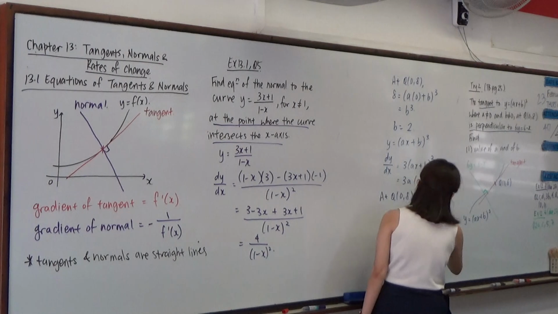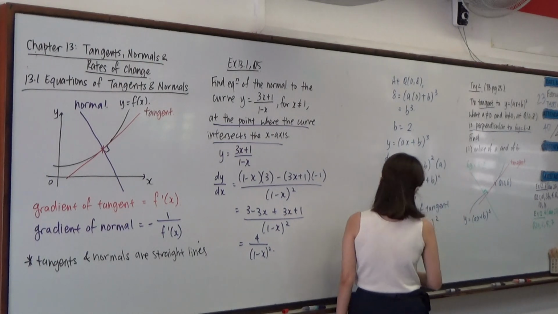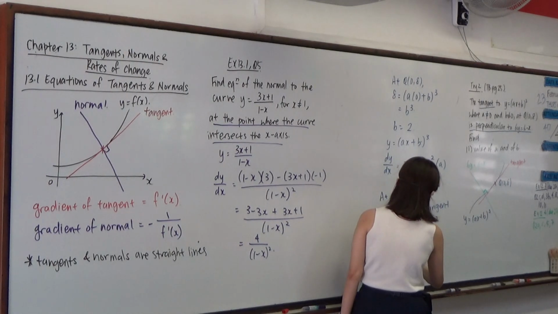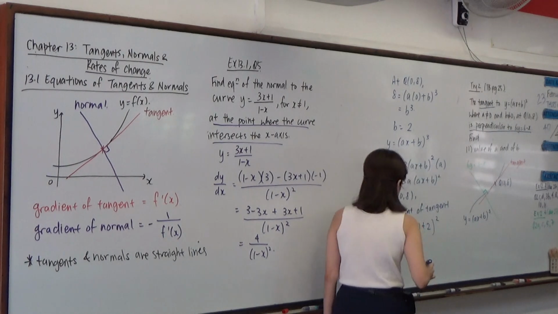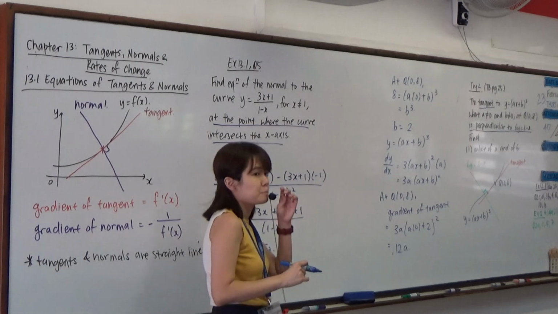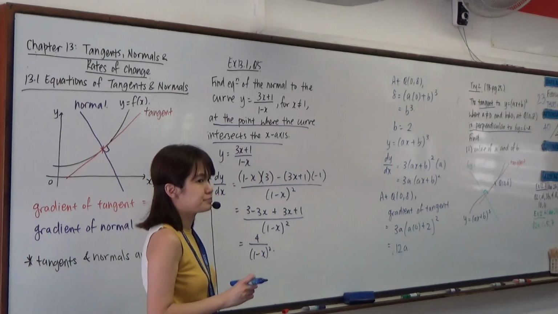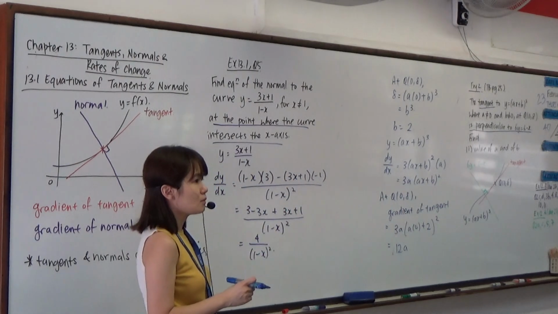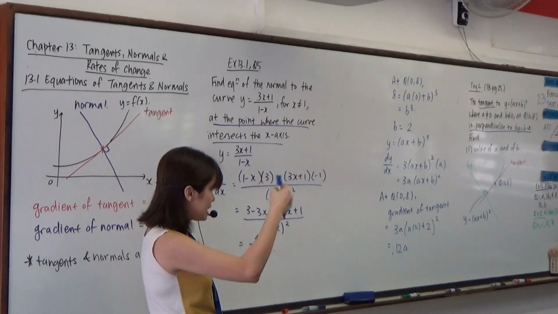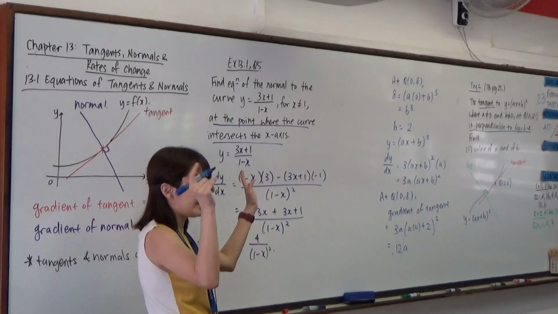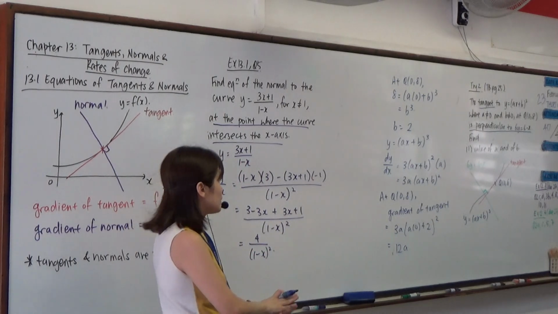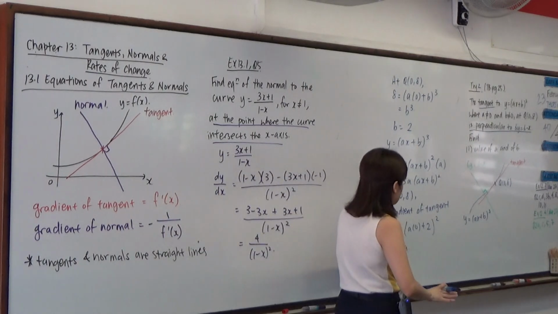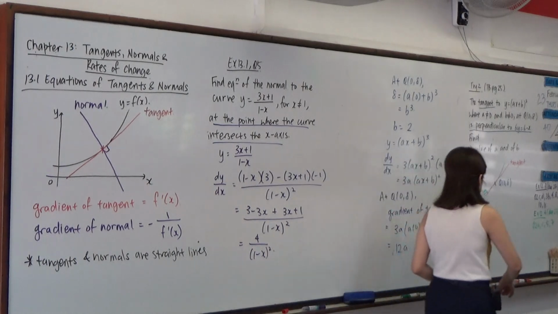We already found b to be 2, so that will be 12a. We are trying to make use of the fact that normal and tangent gradients multiply to give us -1. So the gradient of the tangent here is 12a.